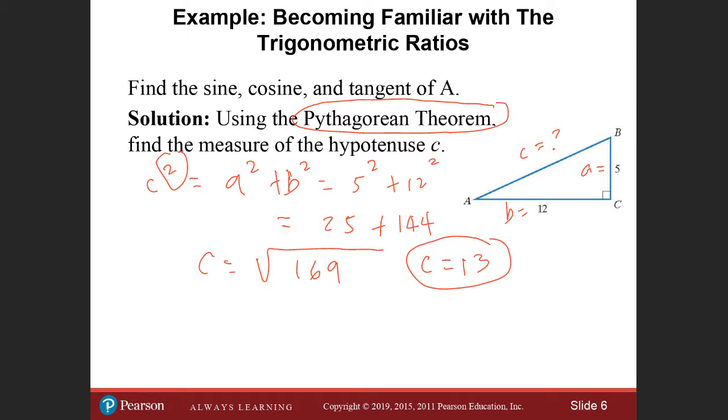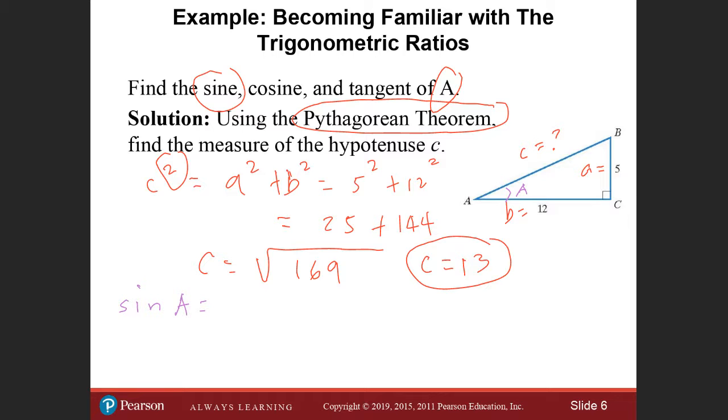Since we're asked to find the sine of A, let's label that angle A here. So sine A would be opposite over the hypotenuse.